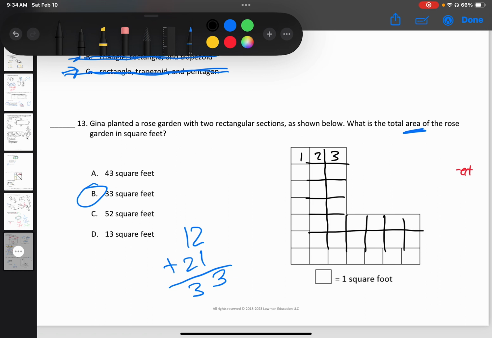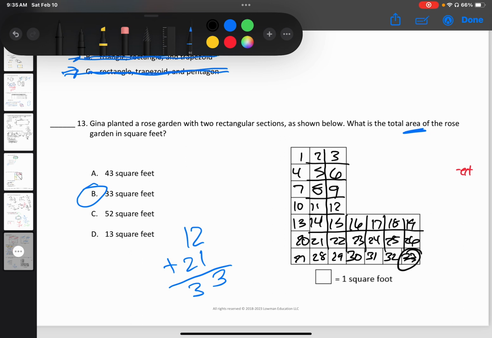So 1, 2, 3, 4, 5, 6. And counting all the squares like that, and that still gets you to that 33 square unit answer. That's fine on shapes that are not too big.